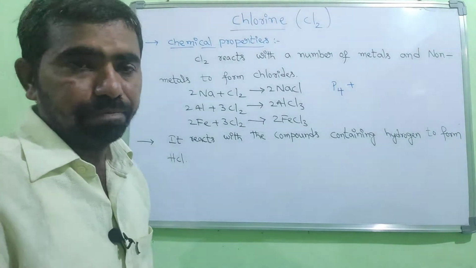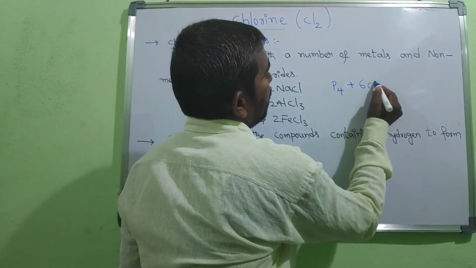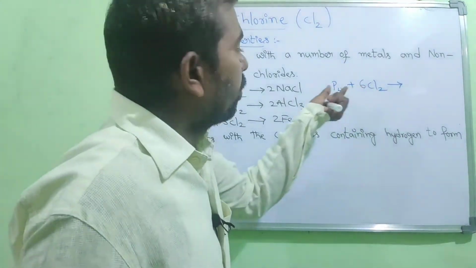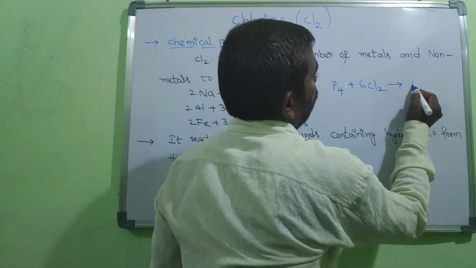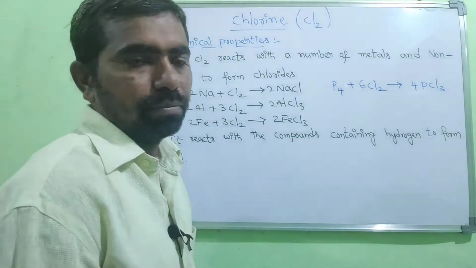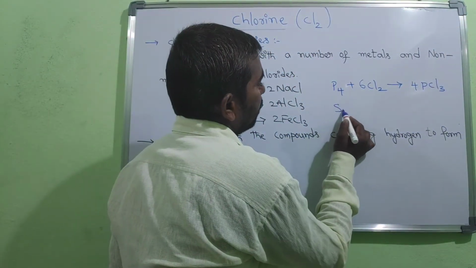Phosphorus I have taken, to this added chlorine. Chlorine reacts with phosphorus to form phosphorus trichloride. And I am taking another one.